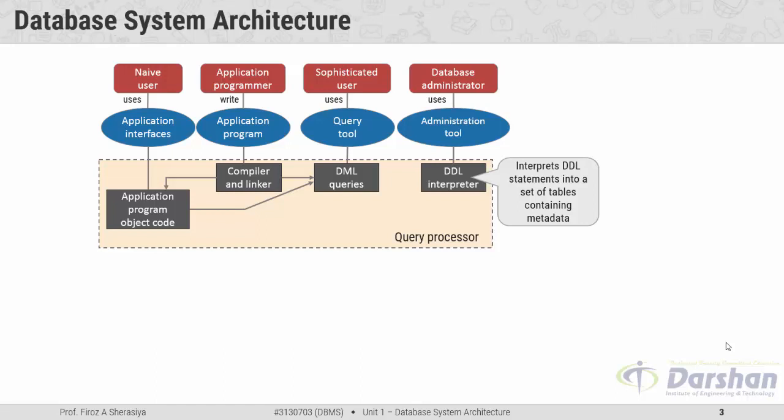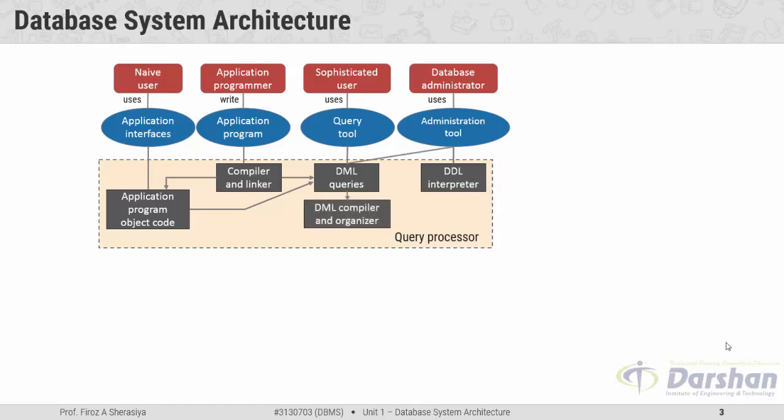So to create the table we need to write a query, that is create table, then the table name, then column name, data type, size, column name, data type, size, again column name, data type, size. Once we execute that create statement, the table will be created. This DDL interpreter will simply interpret that create statement and convert it into the table.